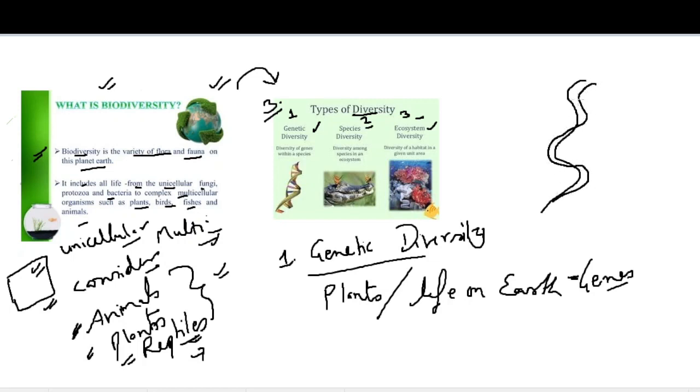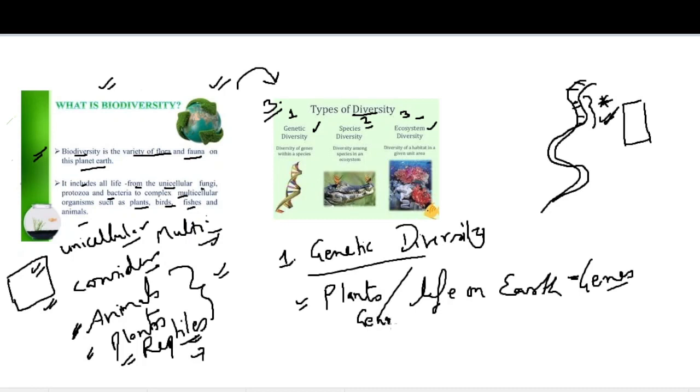These genes have the memory coding of all the attributes that will appear in the body of the organism, and they encode the proteins. Every plant or every organism on Earth has different genes, and this is called genetic diversity.